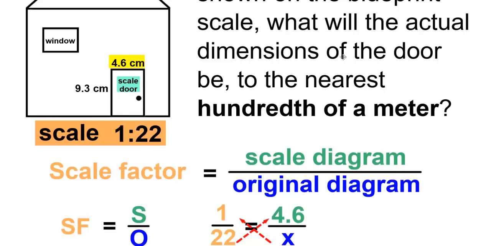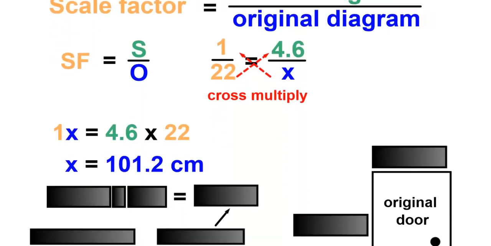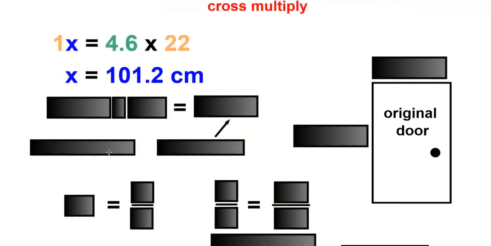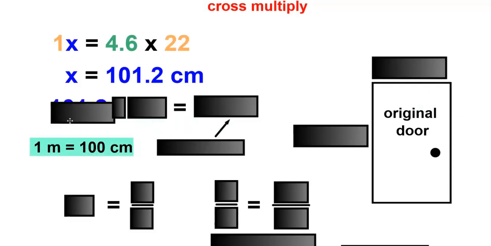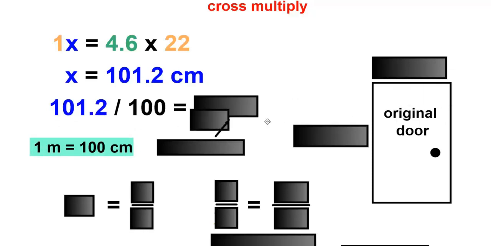The question asked what the actual dimensions of the door will be to the nearest hundredth of a meter, and our answer now is in centimeters, so we'll have to convert to meters. And 1 meter is equal to 100 centimeters. So take the 101.2 centimeters, divide it by 100, and that will give us 1.012 meters.